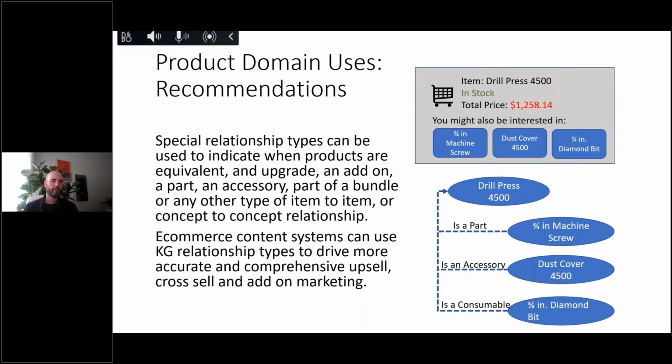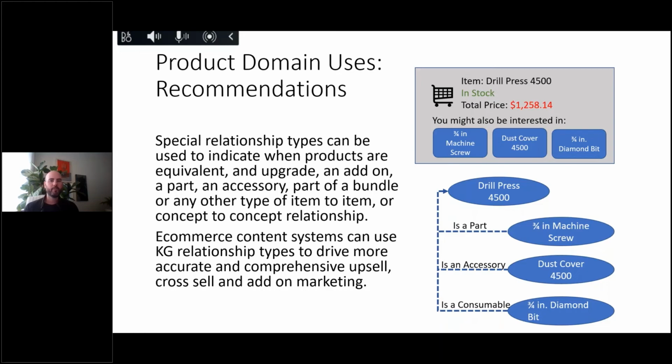Because knowledge graphs really use relationships, that means that when you're serving up product recommendations, they're a really key technology. So you're buying a drill press. Well, based on the knowledge graph, we know the drill press has certain parts, has certain accessories, maybe is part of a bundle, may have certain consumables, in this case, a drill bit.